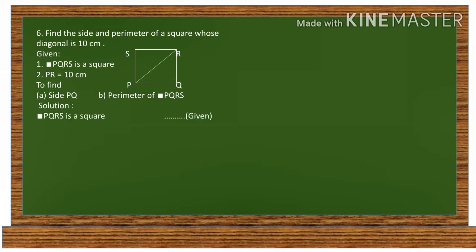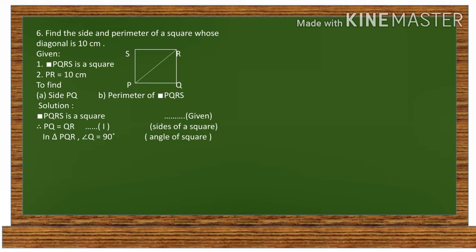Solution: quadrilateral PQRS is a square. This is the given part. Therefore, side PQ is equal to side QR, because all sides of a square are equal. This is number 1. Then, due to diagonal PR, quadrilateral PQRS is divided into two triangles.